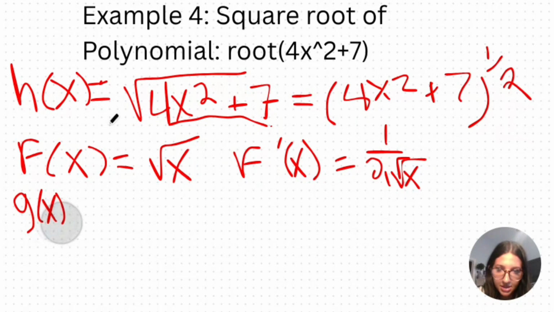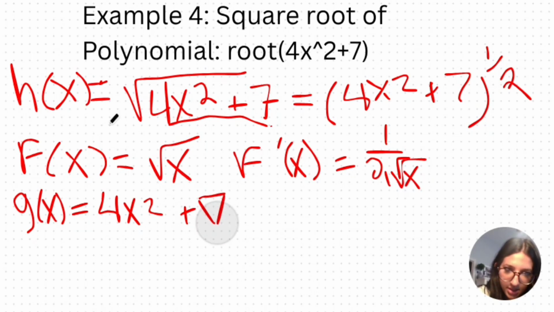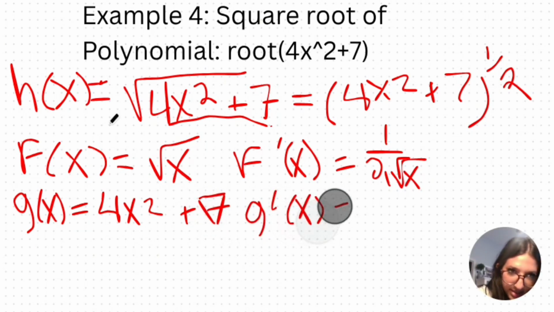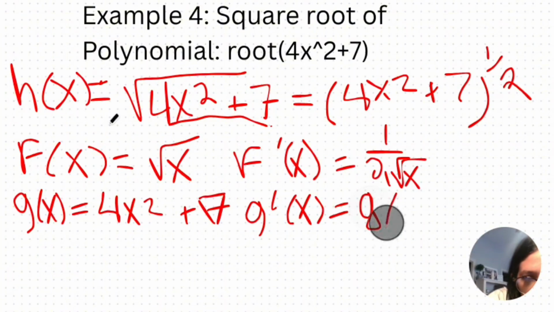g of x is equal to 4x squared plus 7, and g prime of x is equal to, well, we have the power rule, so 8x. 7 is a constant, so we know that there's nothing we can really do about that.